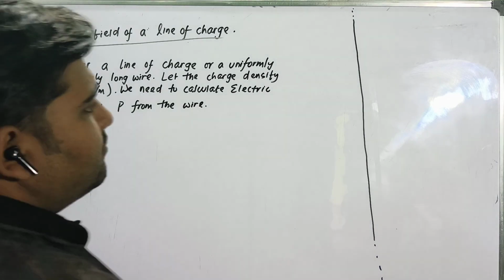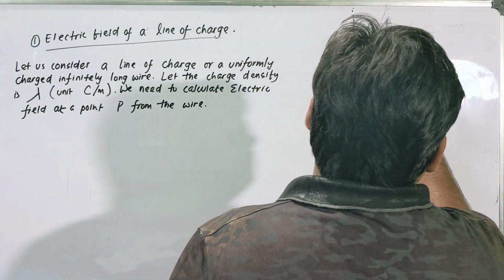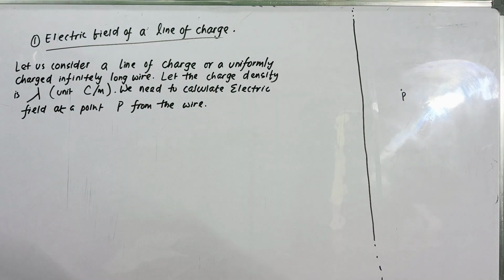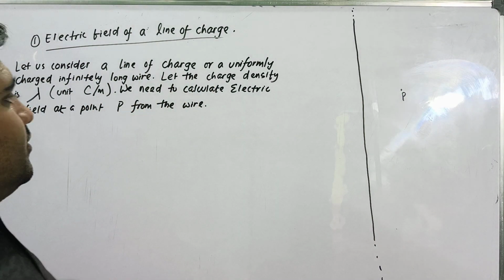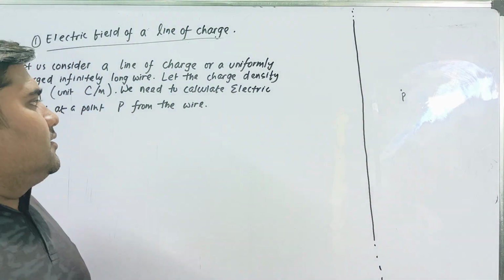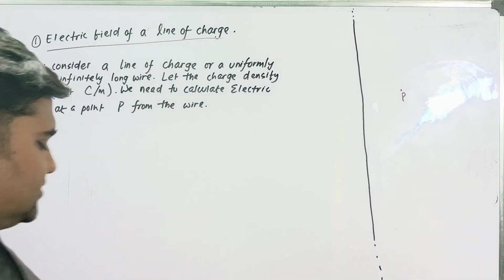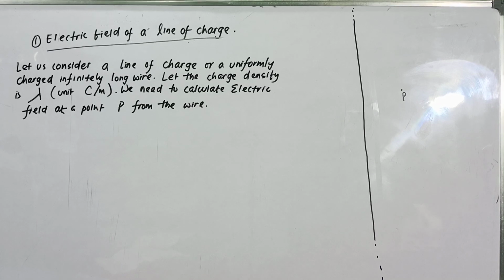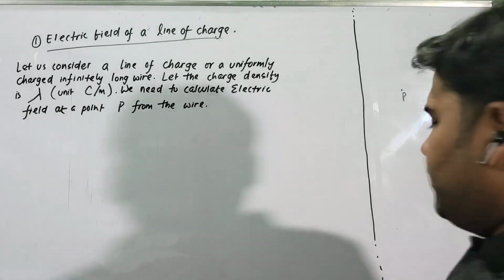So you have been given a point P. This is P, and you need to calculate the electric field at point P, or the electric field due to this uniform distribution of charges. Okay. So it should be uniform.